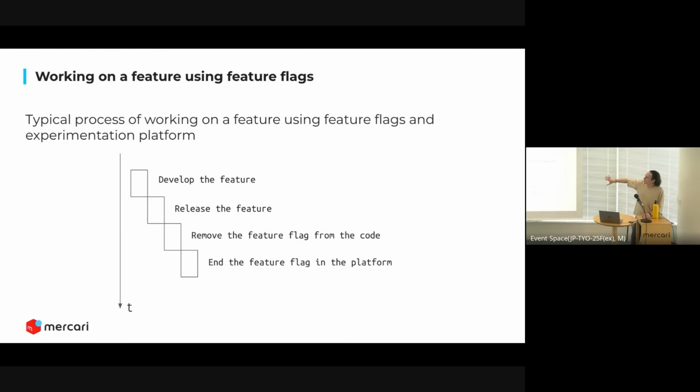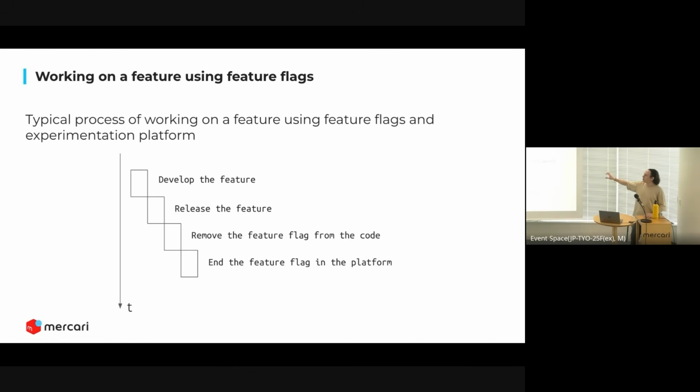Just to review briefly what it constitutes to work with feature flags together with an experimentation platform, a typical process: when you develop a feature, you may start with a hard-coded feature flag. Then you may connect the experimentation platform to it so you can enable testing even in production, dogfooding and whatever.